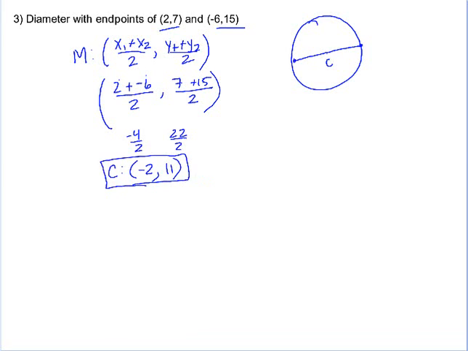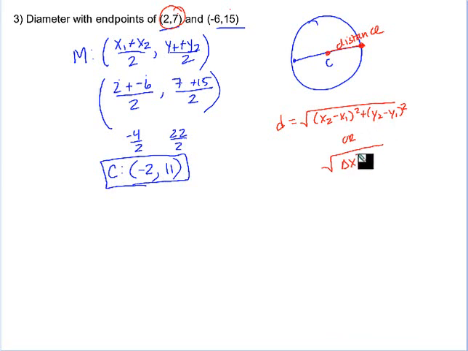Now our radius would be from the center point to the endpoint. Here we're given two endpoints, so we'll use one of those points with the center and find the distance. We'll need our distance formula, which is the square root of (x2 minus x1) squared plus (y2 minus y1) squared, or the square root of the change of x squared plus the change of y squared.